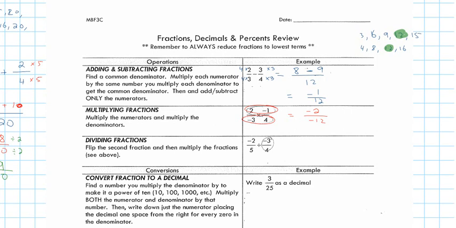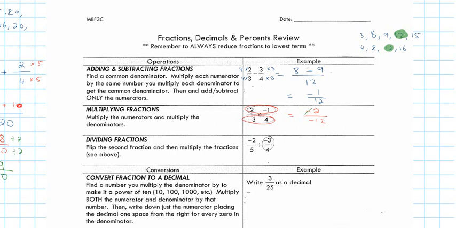That's going to become positive. The negatives are going to cancel each other. So that's going to be 2 over 12. Now, we said that we can reduce this. I can divide both of them by 2. So if I divide 2 by 2, that gives me 1 over 6.